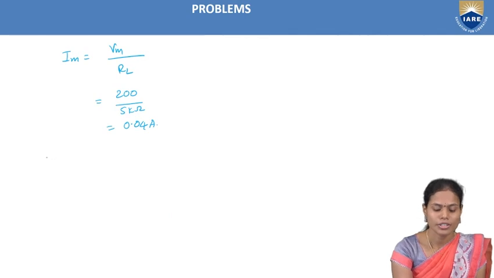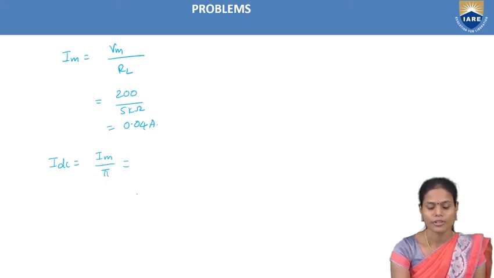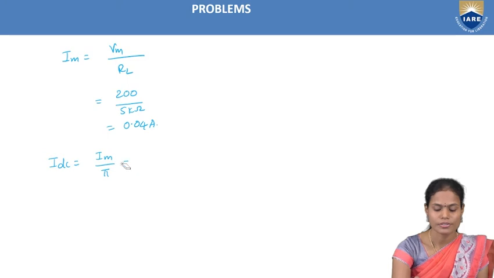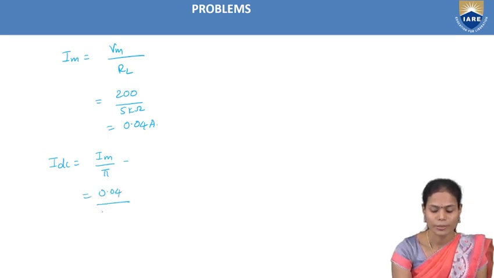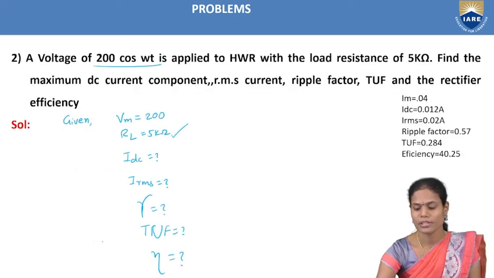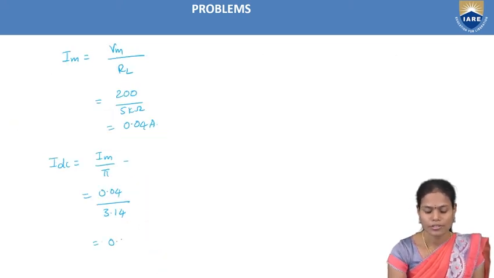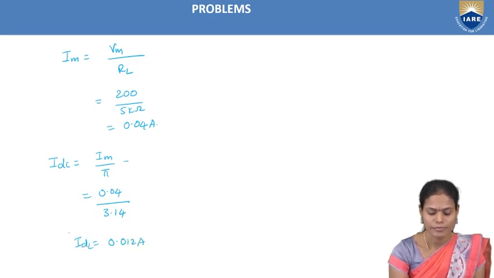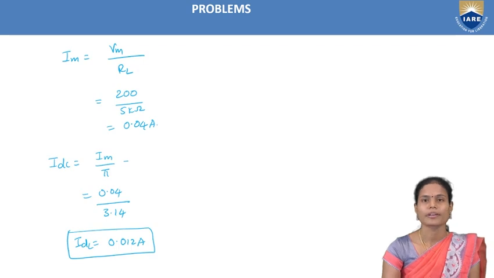And next we need to calculate the DC current. IDC is equal to Im by pi in the case of half wave rectifier. So Im value here is 0.04 divided by pi value 3.14. If we simplify this, we will get 0.012 amperes. That is the DC current.